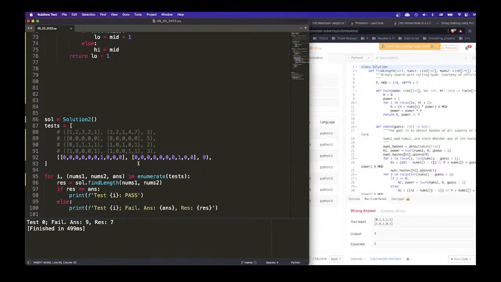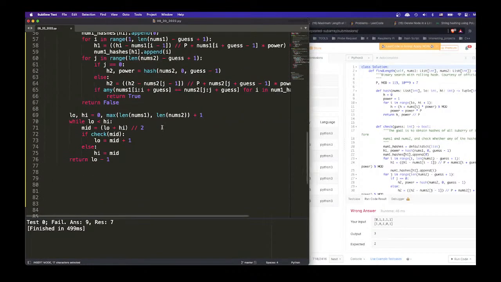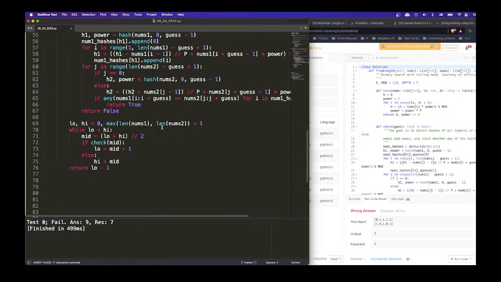Wait, hold on. Wait, what? 1, 2, 3, 4, 5, 6, 7. 1, 2, 3, 4, 5, 6, 7. It is fine. So this part shall match this part. What happened? What happened?